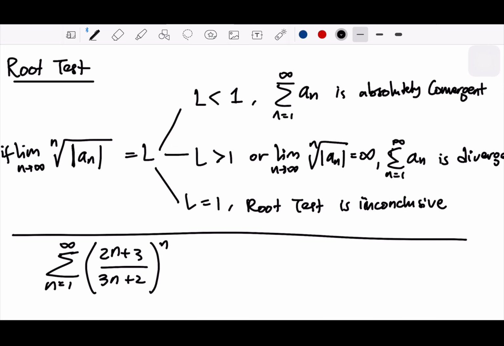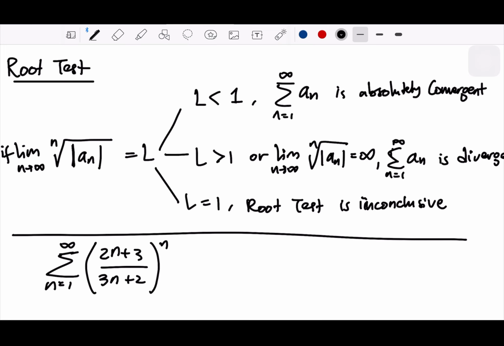And the result is the same as the ratio test, depending on whether L is equal to 1, less than 1, or greater than 1. Whenever you find less than 1, you can write it's absolutely convergent or convergent. But when you have L equal to 1, then you need to use another method.